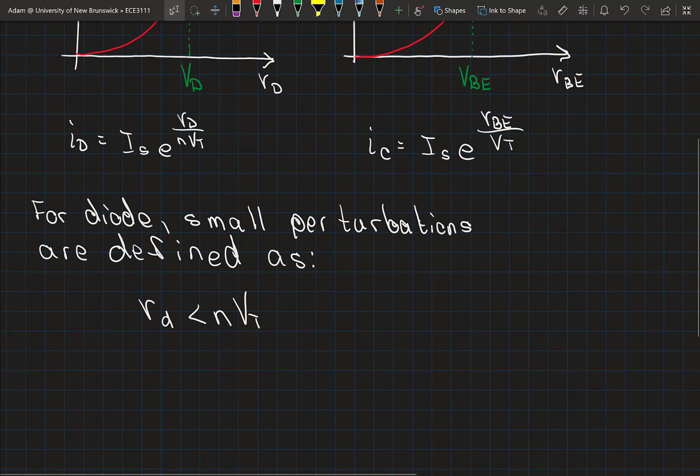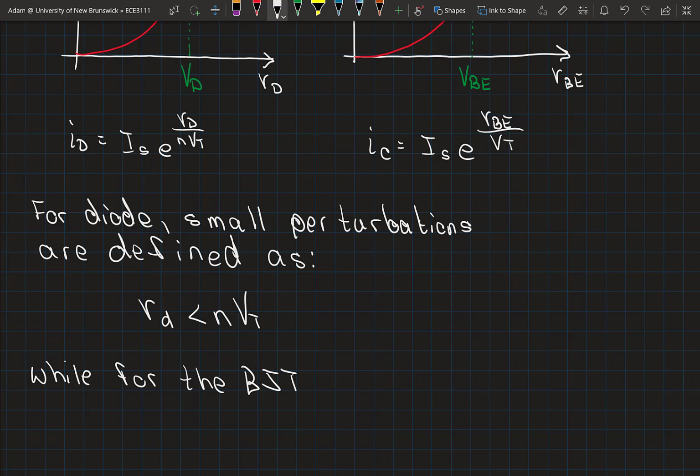Okay, so same kind of idea for a BJT. As n is equal to 1, it's a little bit simpler in that our base to emitter voltage simply has to be less than our thermal voltage, which we know is approximately 25 millivolts, at least at room temperature.